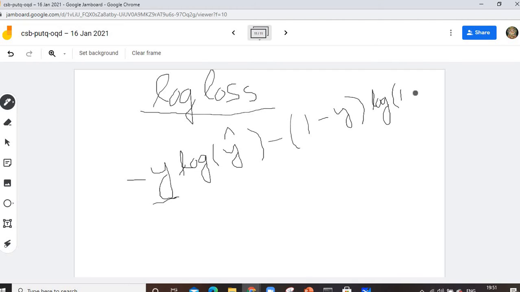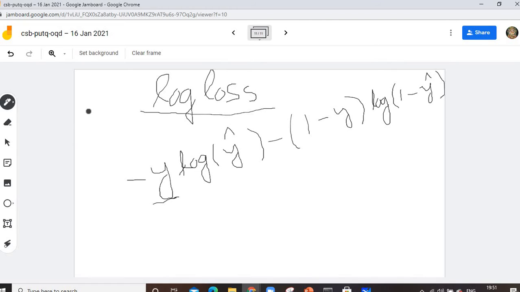This is lengthy but so simple. I can show you a simple way to remember this.